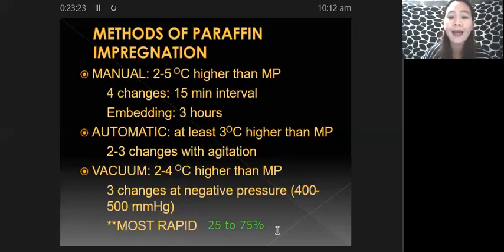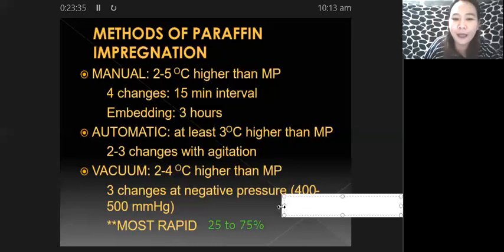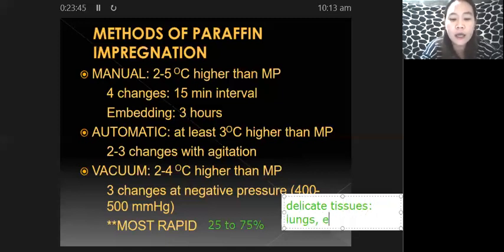The last application is for delicate tissues. What are the delicate tissues mentioned by Gregorius during infiltration? Delicate tissues include your lungs, your eyes, and your spleen.